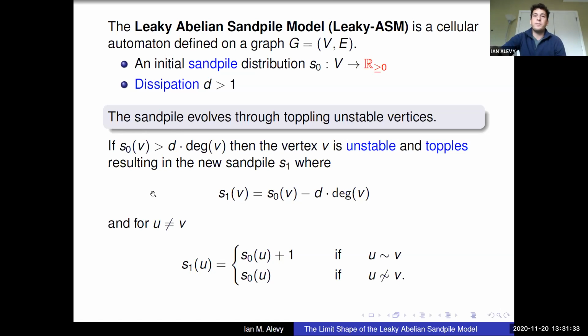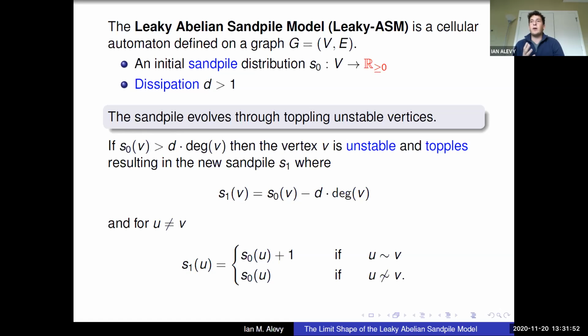The amount of sand at vertex V gets reduced by d times the degree of V, and every neighbor of V gains 1 grain of sand. Sites which are not adjacent don't change.